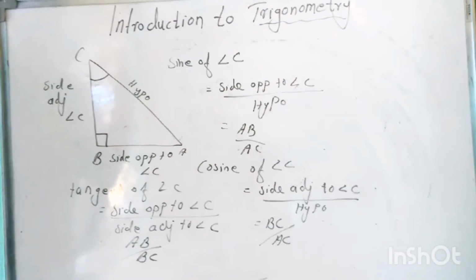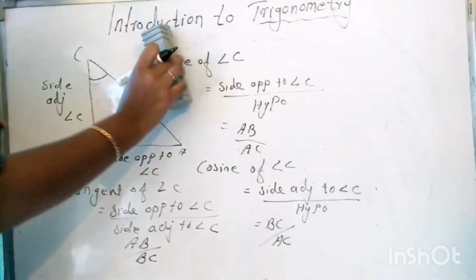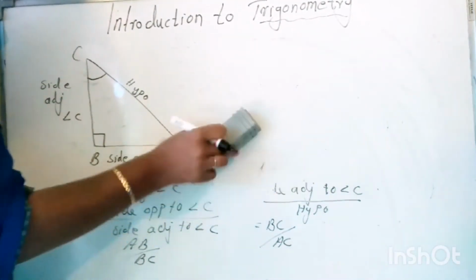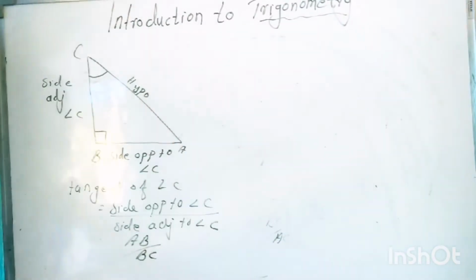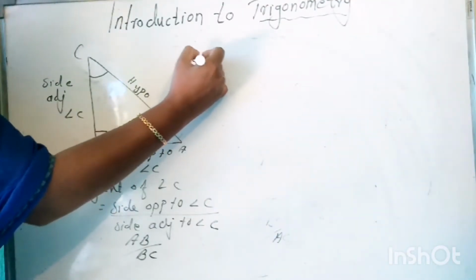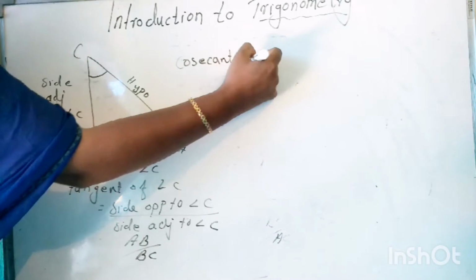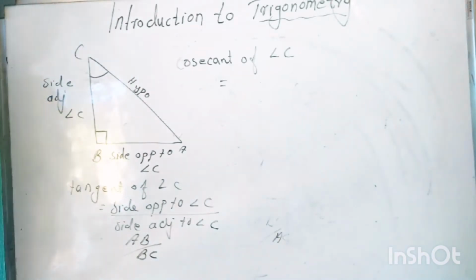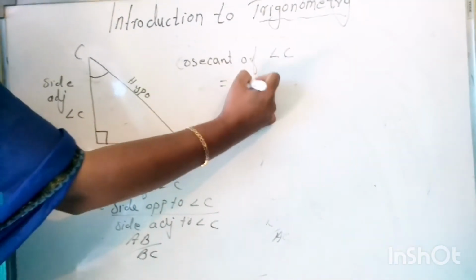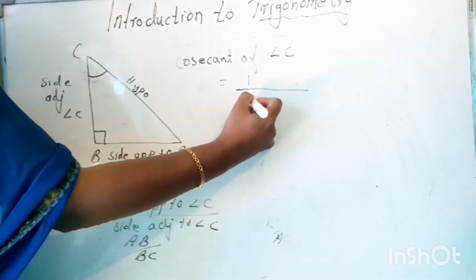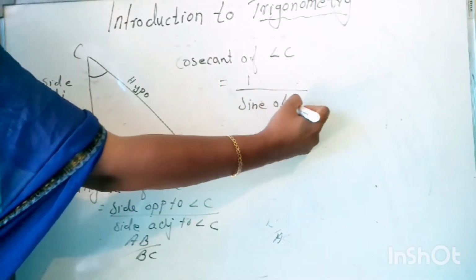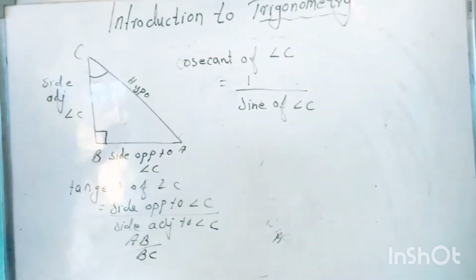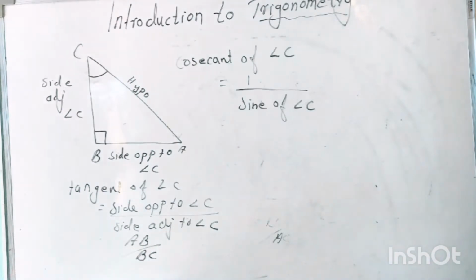Now the fourth one is cosecant of angle C. Cosecant is actually 1 by sine of angle C, the reciprocal of sine.